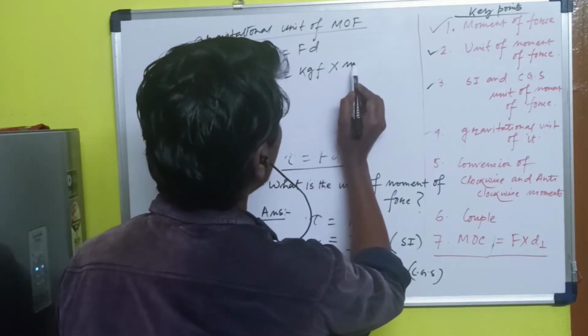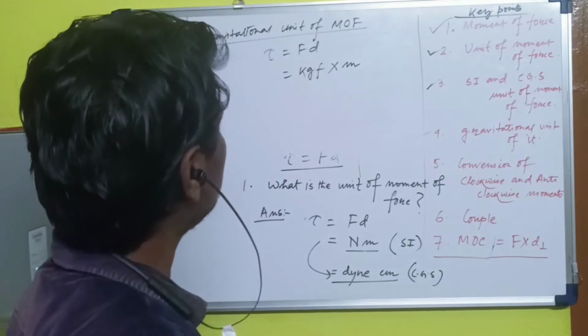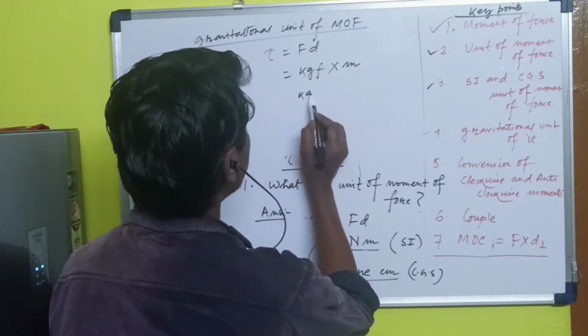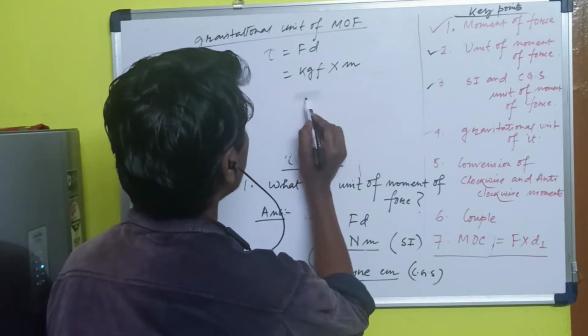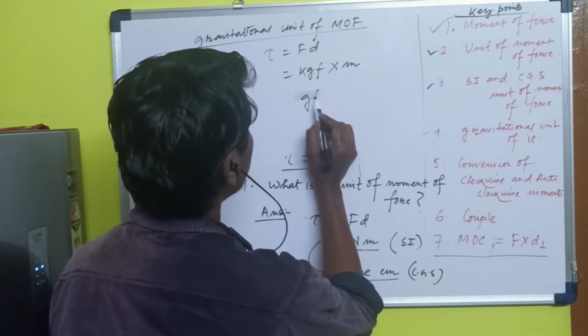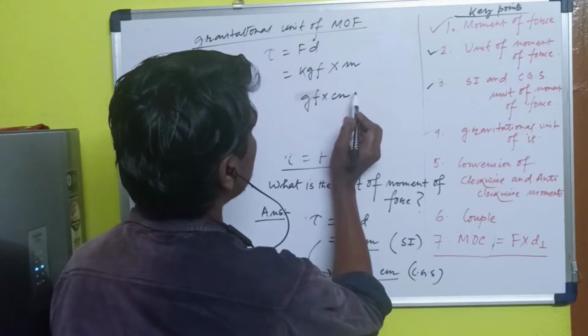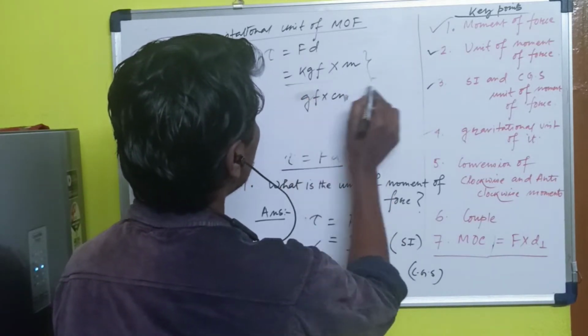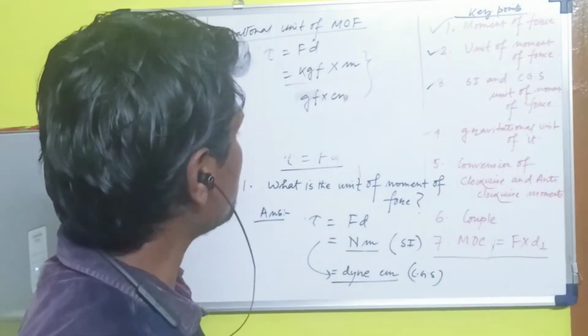So kg force into meter is the gravitational unit, or we can write gram force into centimeter. These two are the gravitational units of it.